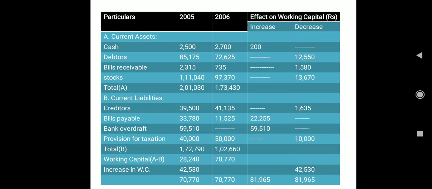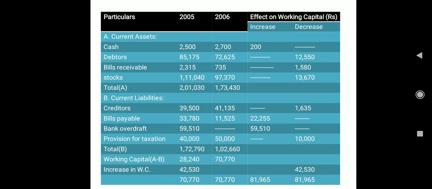Okay, and then all your current liabilities are over. So we make a total of current liabilities also, that is total of B. In 2005 total of B is 1,72,790, and in 2006 total of B is 1,02,660.